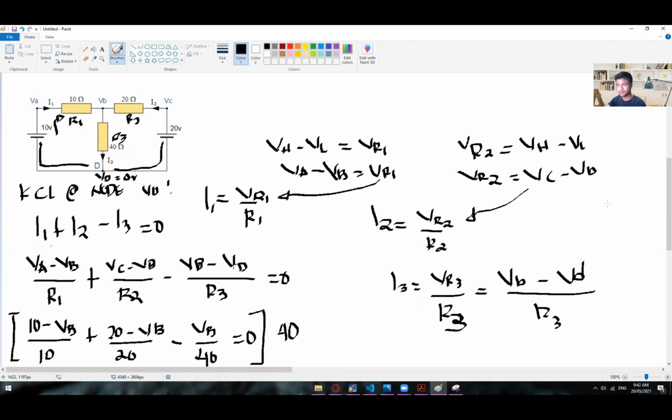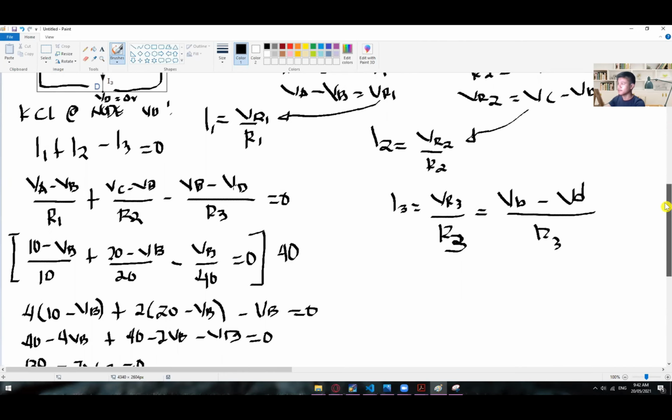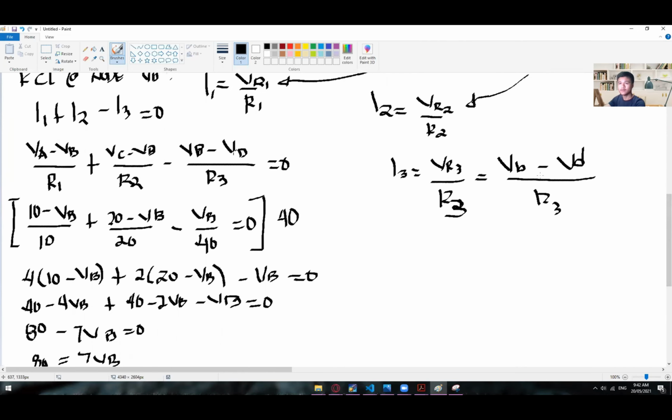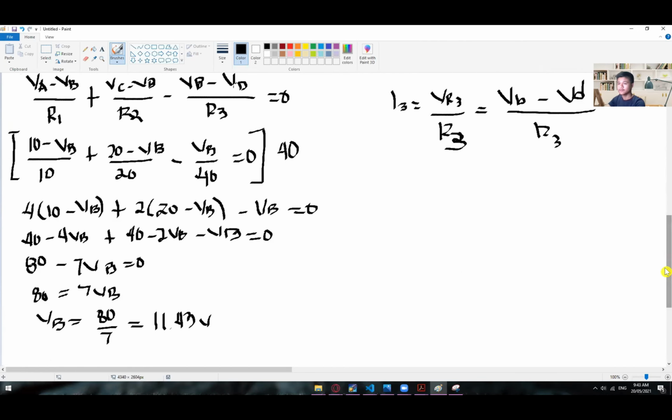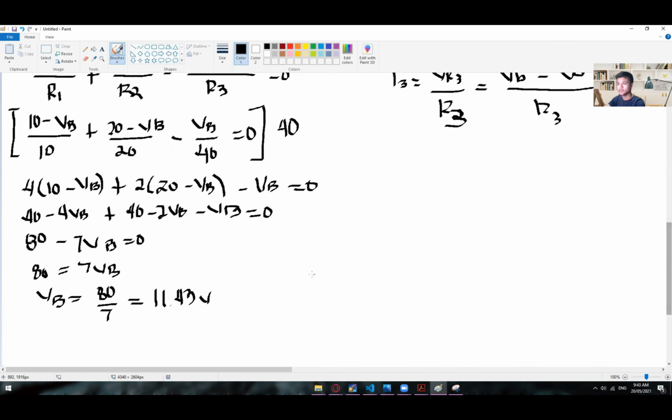You can just use this formula. Let's solve the value of I1. I1 is VA minus VB divided by R1. So VA is 10 volts minus VB, which is 11.43, divided by R1, which is 10.